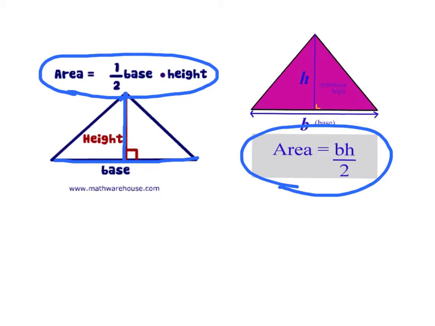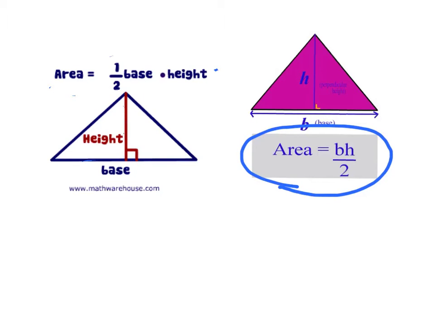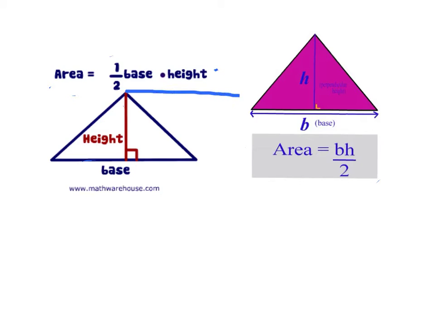And let's look again at how these triangles are half of parallelograms. So let me erase this real quickly. Okay, I can demonstrate that this triangle is half a parallelogram. If I was to draw this triangle, a copy of it, and then attach it, I have a parallelogram.